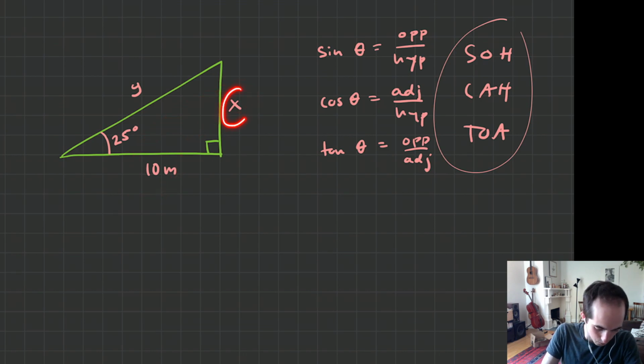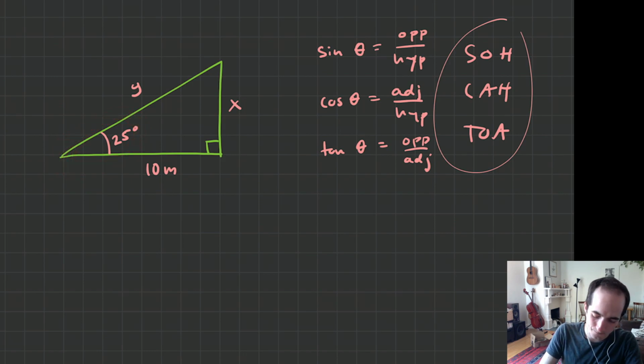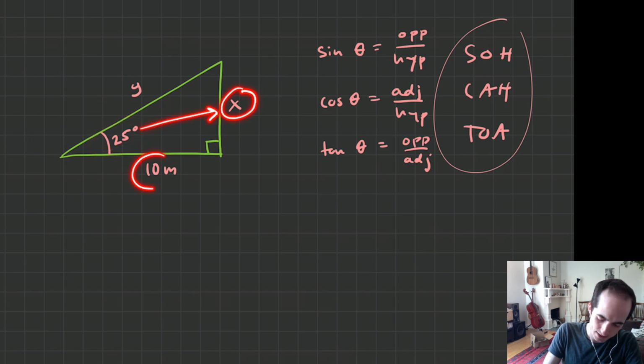So, in other words, what if we want to find out what x is? Well, what I'm going to do is I'm going to say, okay, well, what do I know? So I know this angle, right? This is what I know, and I also know this side, and I want to know this side. So in relation to the angle, this is the opposite side. This is the hypotenuse.